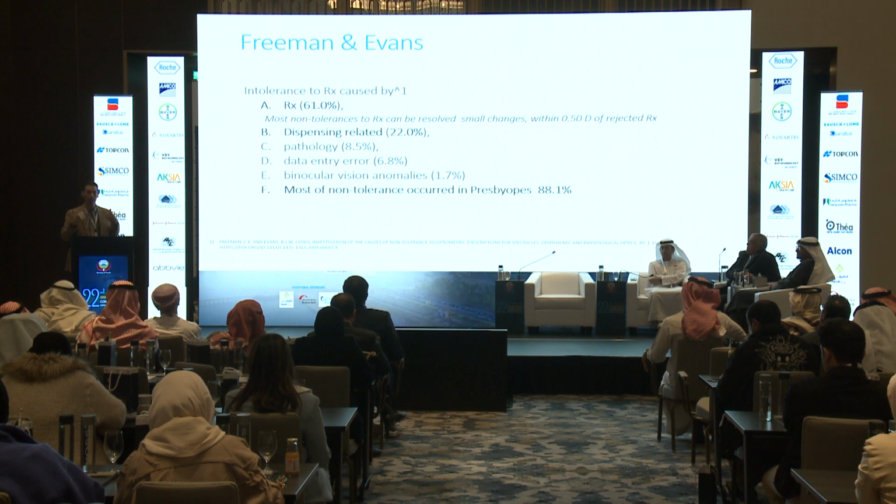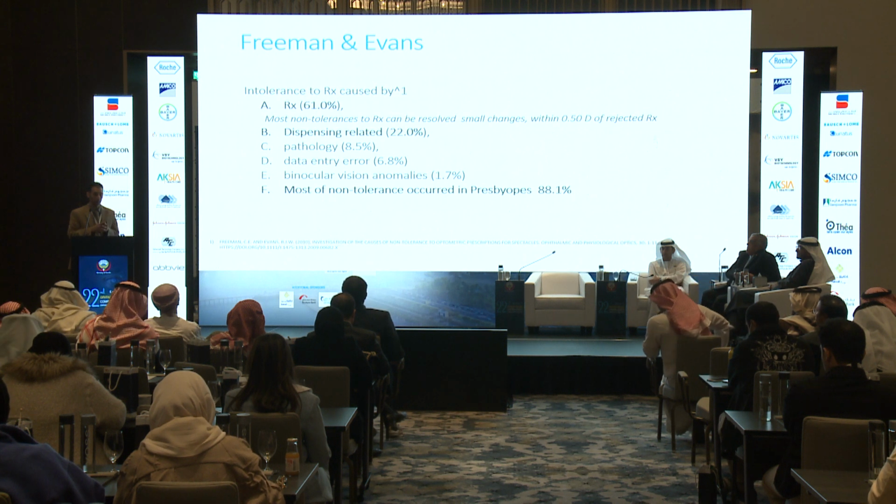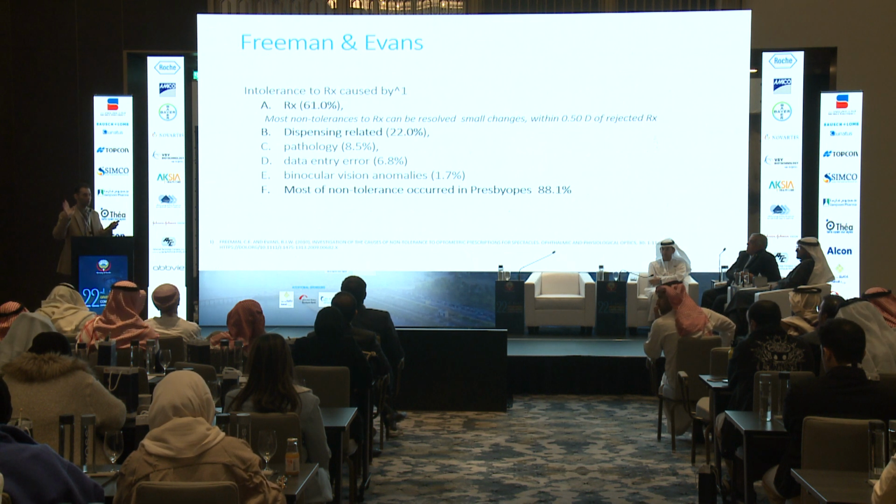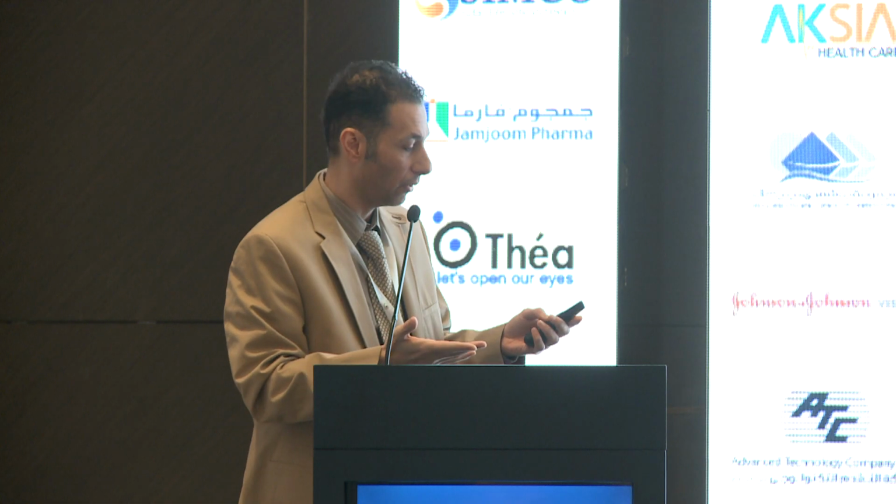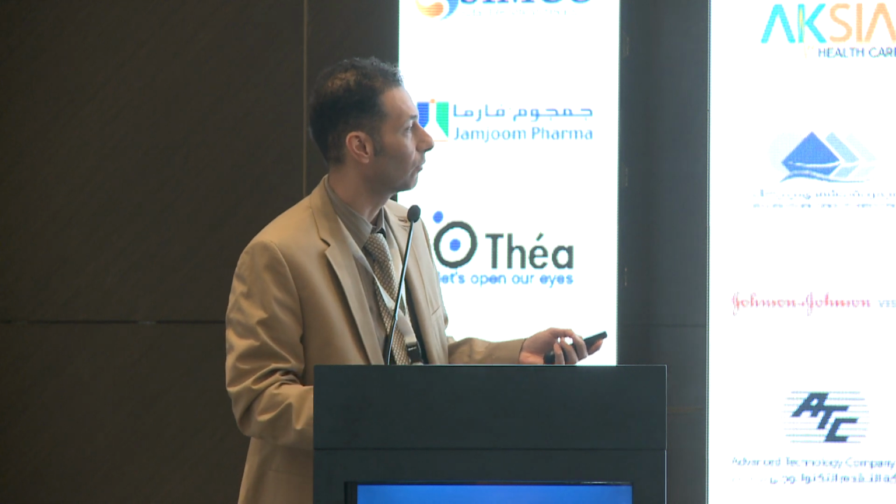Or maybe they're getting progressive lenses and are really observant of the peripheral distortions they may be getting because of an induced meridional astigmatism coming from the sides. So these types of problems occur and they're all lumped under dispensing problems.